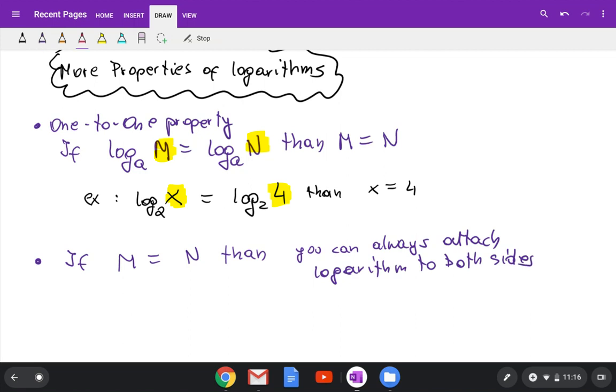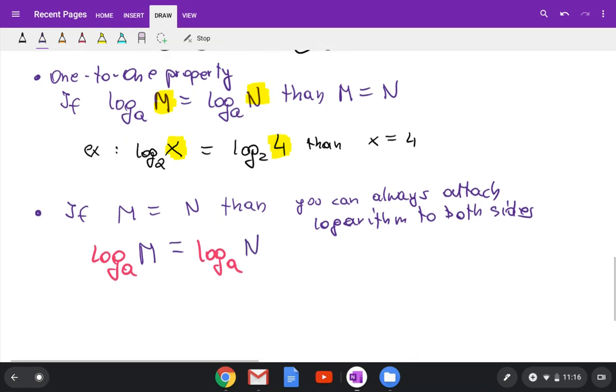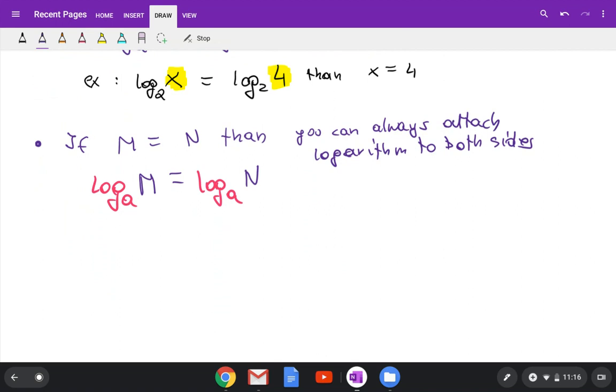So you can attach logarithm of base a of m, and that will be equal to logarithm of base a of n. Also very important for solving equations.